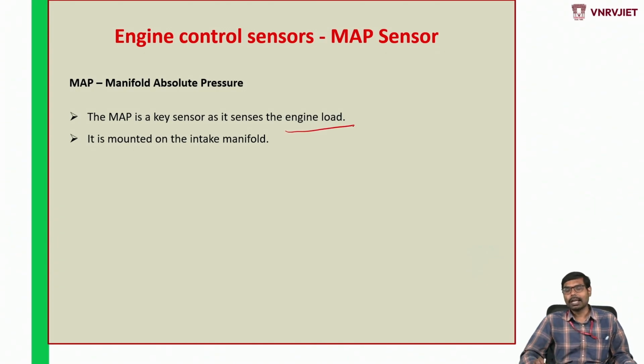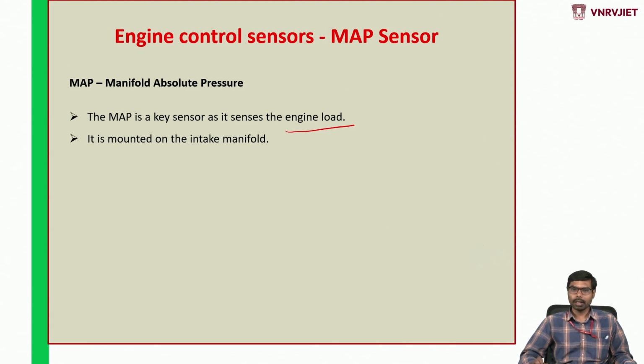In the case of MAF also, if the air flow rate is higher, more heat is carried away by the air, so more voltage is generated due to the large temperature drop. The ECU can understand from the large voltage that there is a large engine load. Similarly, manifold absolute pressure also indicates the engine load.